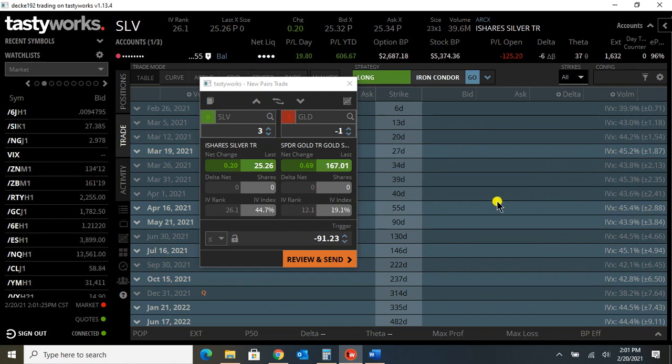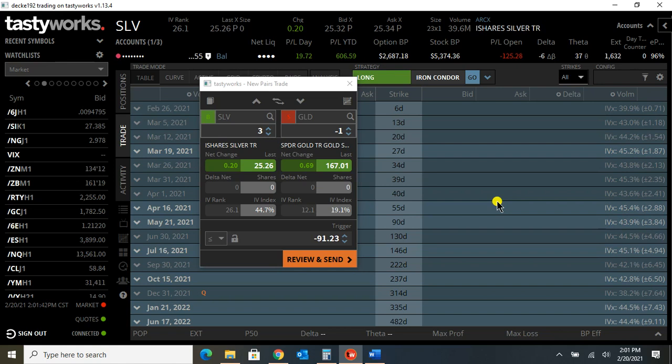So that's an introduction to pairs trading. You can do this on any underlyings that are correlated. Another example would be Home Depot and Lowe's. You would expect those to be somewhat correlated.